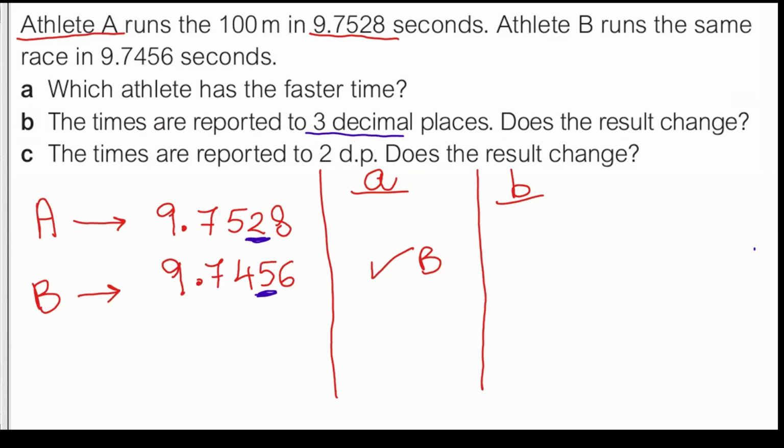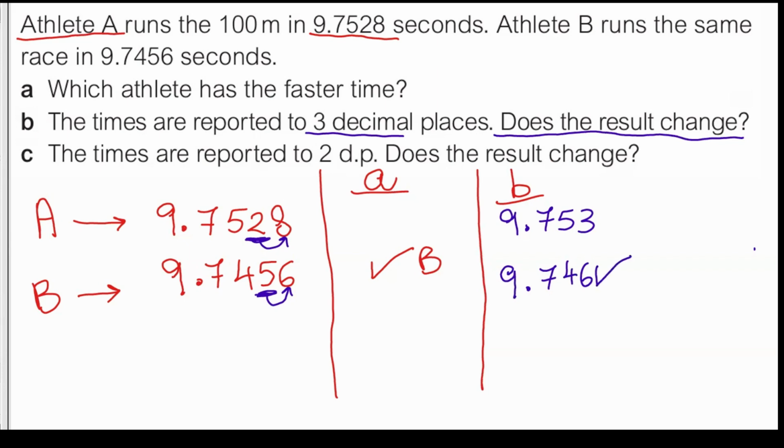The 2 knocks on the 8. It will give you a 1. So you have 9.75, and 2 plus 1 is 3. The 5 knocks on the 6. The 6 increases by 1. So you have 9.746. Now, does the result change? No. B still has a faster time.